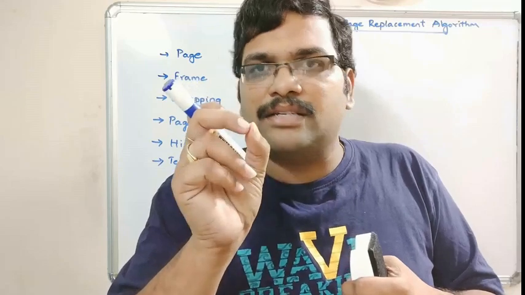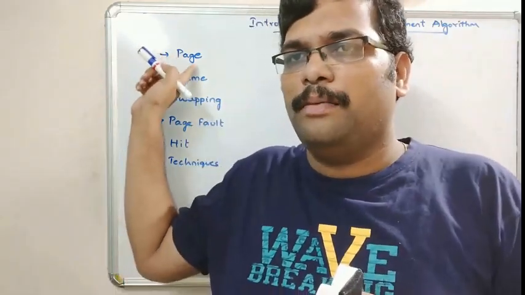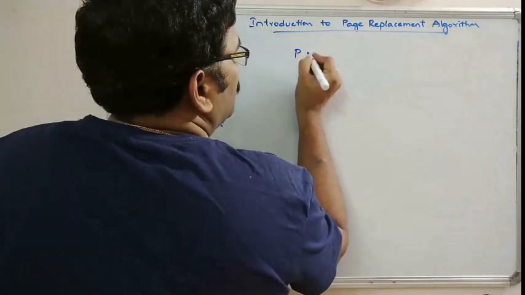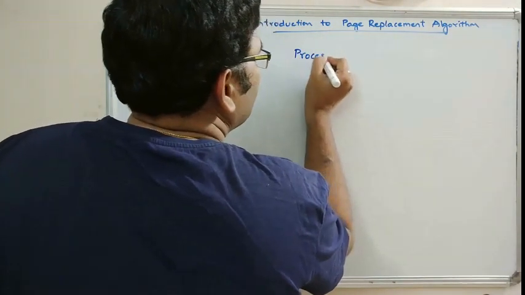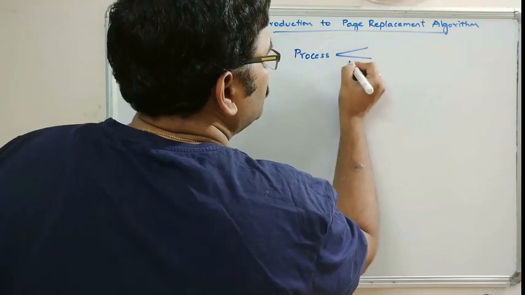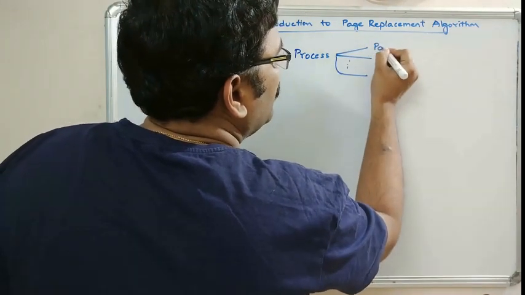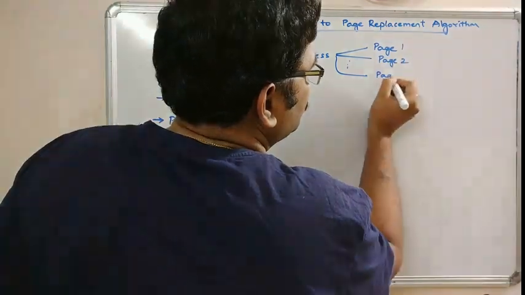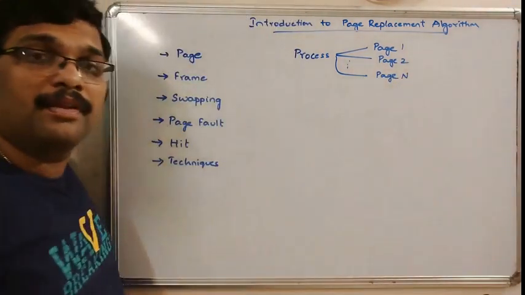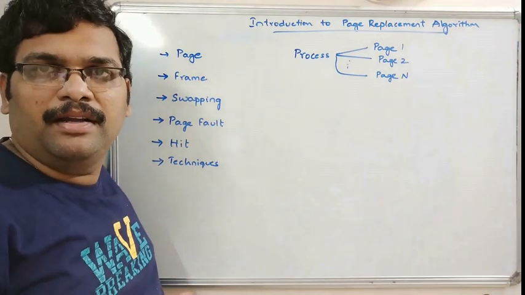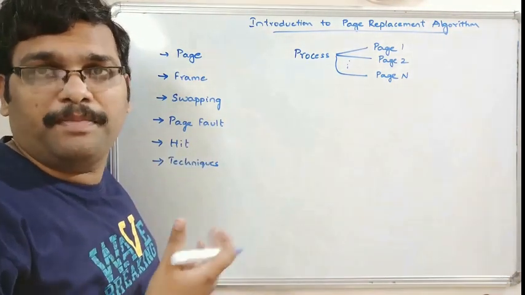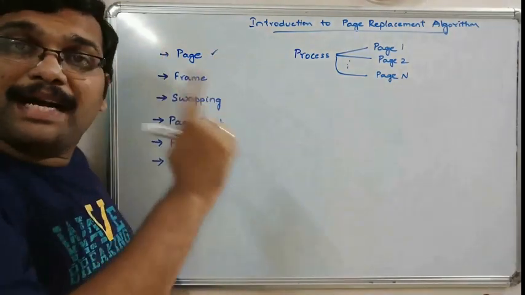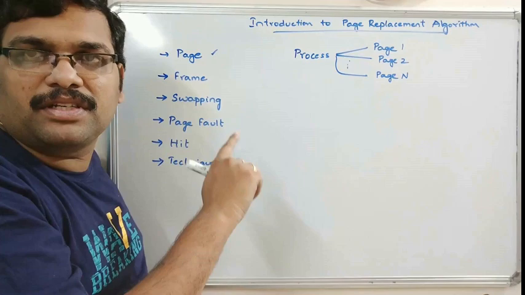Each part of the process is called a page. A process will have page 1, page 2, up to page n, so a process can be divided into n number of pages. This is about the page. It's a part of a process.